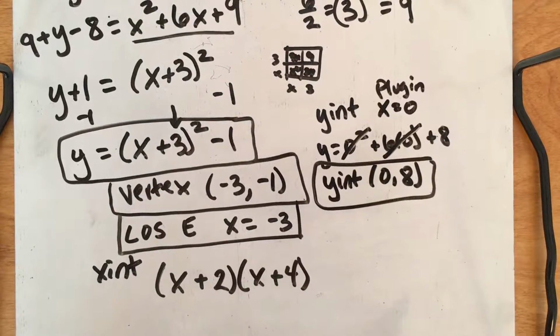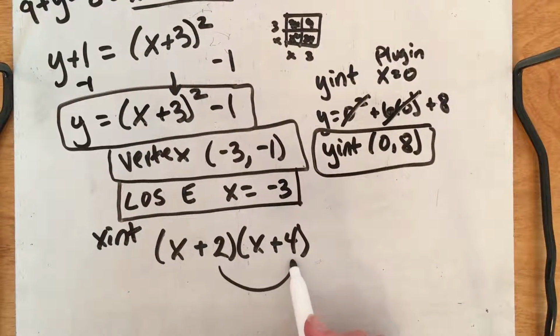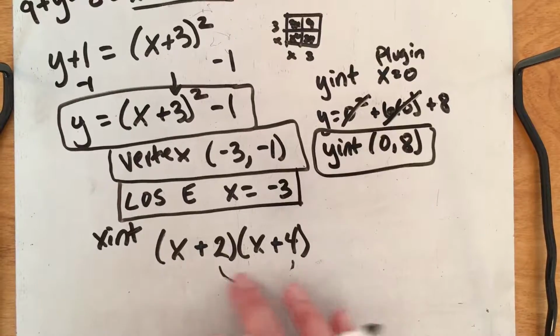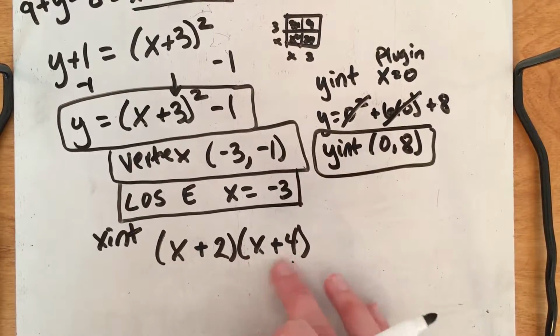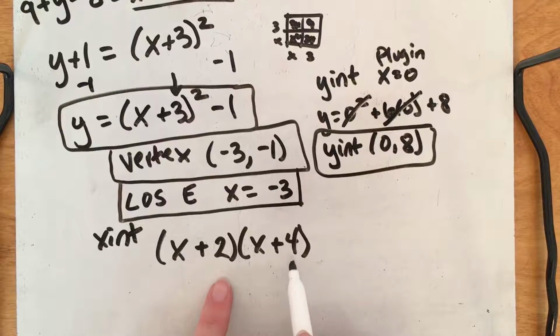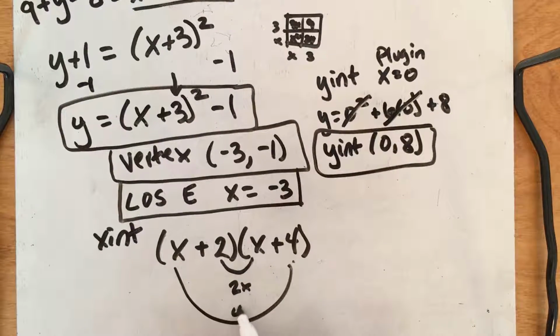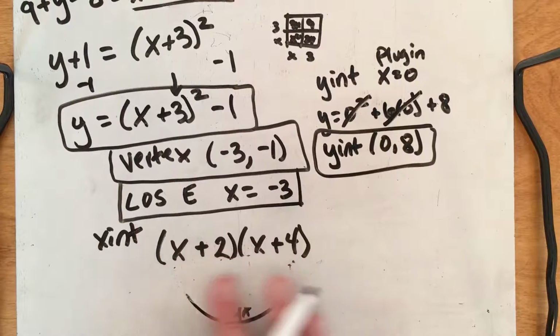The last numbers, 2 and 4, will get me back to the 8 that I wanted. This will give me a 2x, this will give me a 4x, and if I add those together, I get 6x. So this confirms what we wanted.